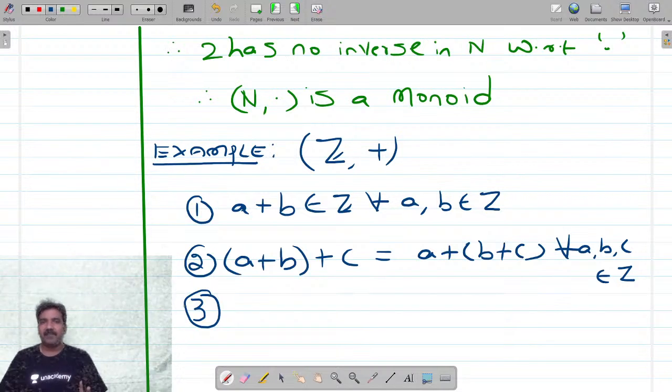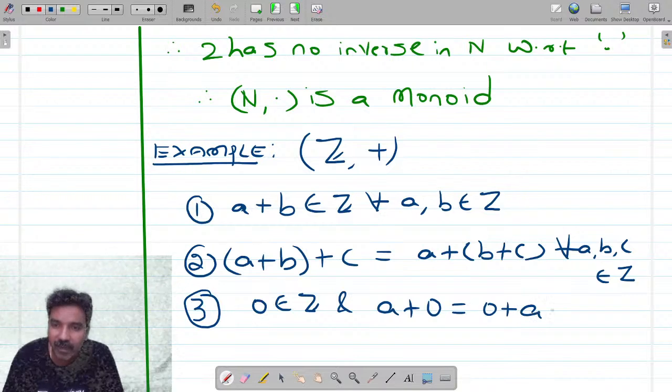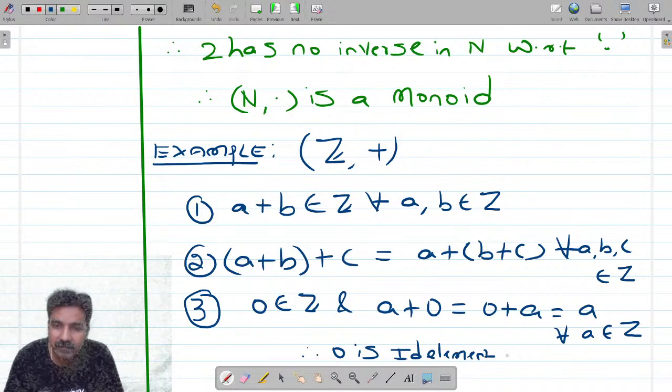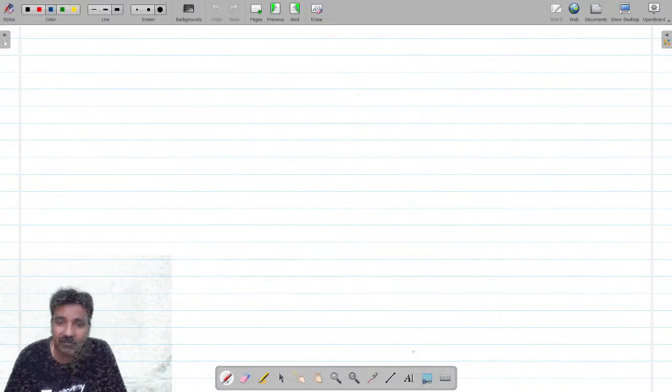Simple, practical thinking. జీరో. ఆ జీరో అనేది అందరికి తెలిసిన ఫ్యాక్టర్ అది. సో ఆ జీరో అనేది ఆ సెట్ లో ఉంటుందా లేదా అనేది ఇంపార్టెంట్. జీరో ఈజ్ అన్ ఇంటిజర్. సో హియర్ ఐ యామ్ రైటింగ్ 0 belongs to Z and a plus 0 equal to 0 plus a equal to a for all a belong to Z. Therefore 0 is identity element of Z with respect to plus. So identity element kuda vachindi. Next we will go for inverse.